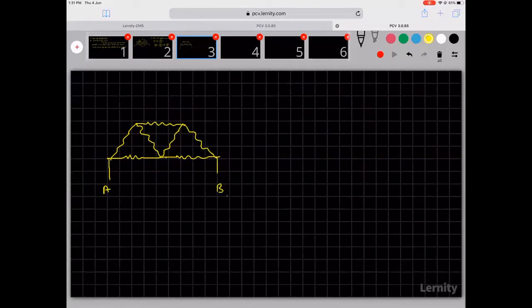Now what is the effective resistance? What is the effective resistance of this system of resistors?